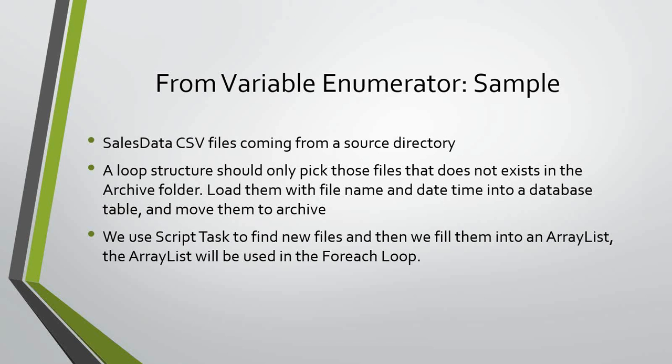So we can use a script task to get just the new files and load them into an array list, and then loop through that array list based on the from variable enumerator with the object type.